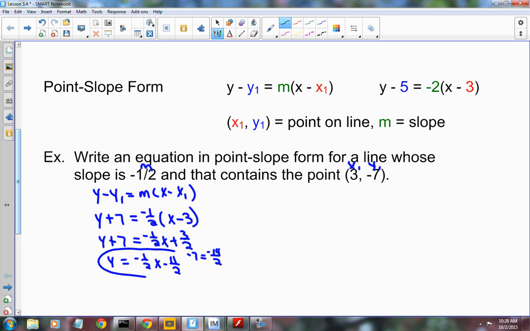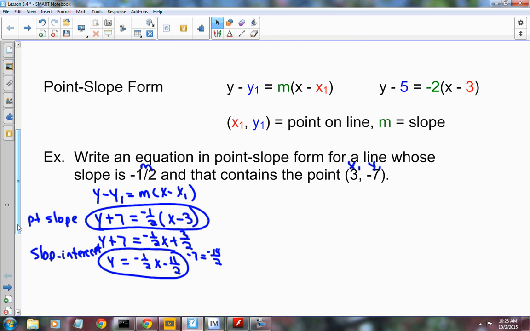And so I took that information, and I first wrote it in point slope form. This is point slope. And then I rewrote it in slope intercept. Now, my understanding from my other students was that what you guys did when you were given a point and the slope is similar.